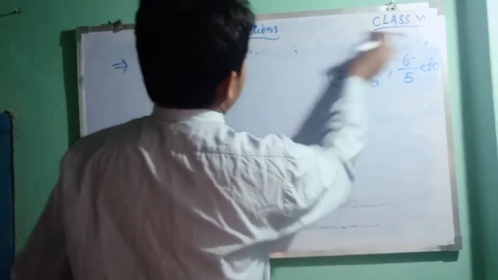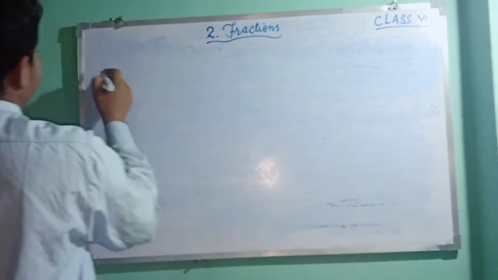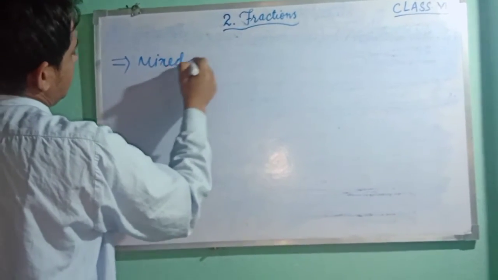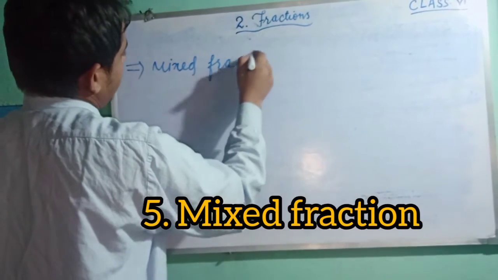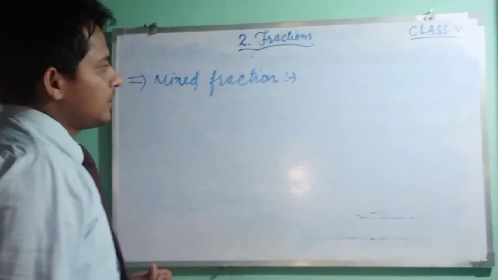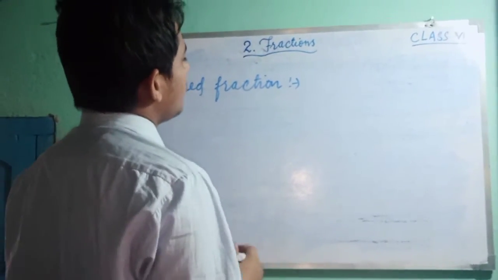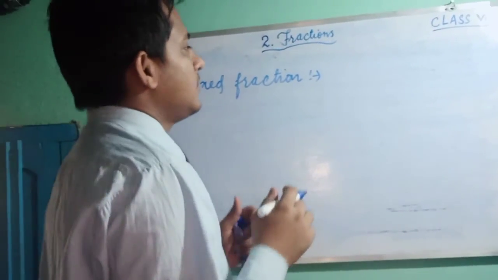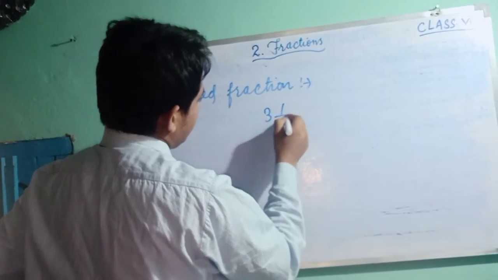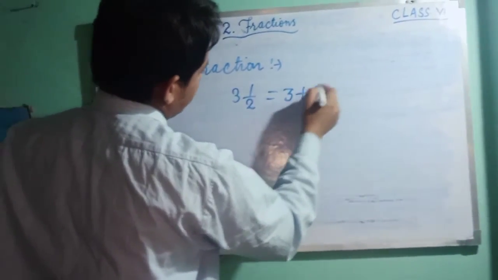Okay, now see the next point, mixed fraction. What do you mean by mixed fraction? Yes, see, a number can be expressed as the sum of a natural number and a proper fraction. Example, suppose 3 1 by 2. This number can be written as 3 plus 1 by 2.